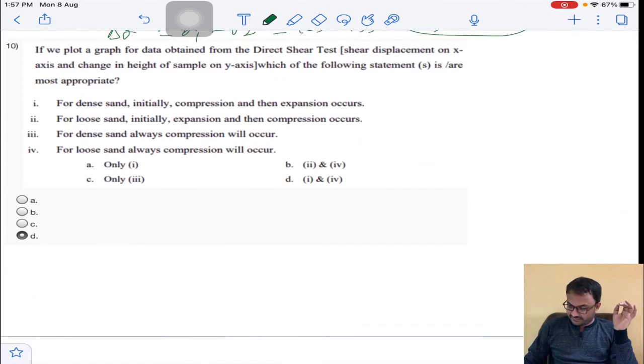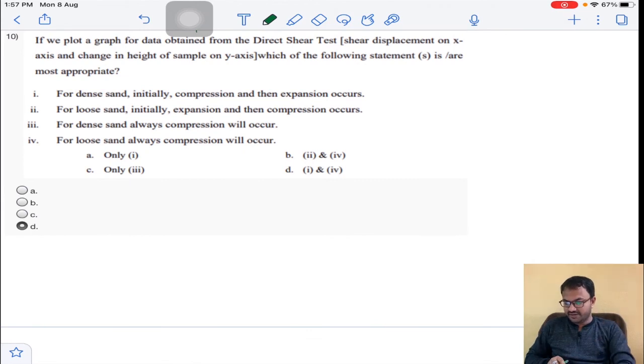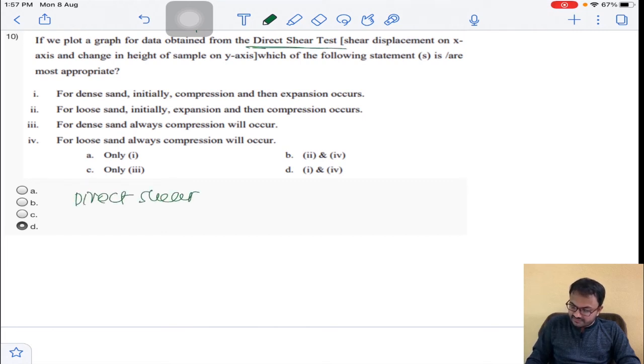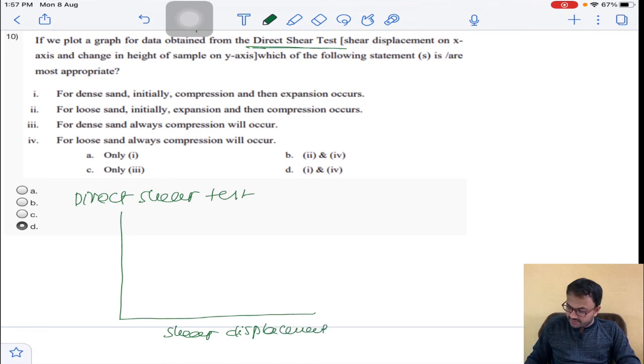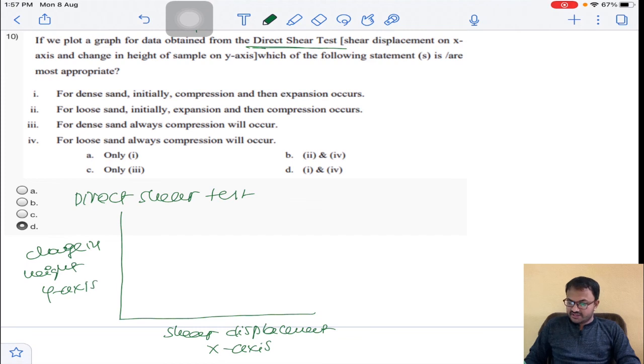And coming to the last question, it is a very important graph for the direct shear test. If we plot a graph for data obtained from the direct shear test, we will draw shear displacement on the x-axis and change in height on the y-axis.